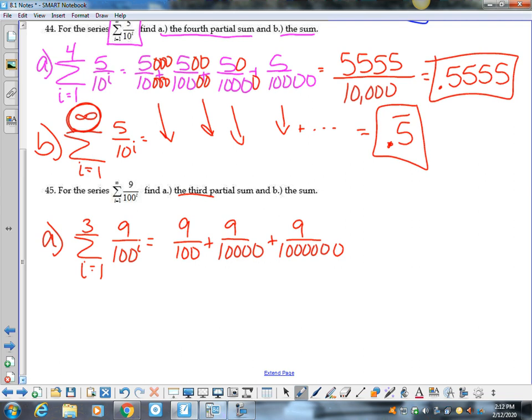So this guy is not going to be 0.999. It's going to be, that's 0.09, that's 0.0009, and that's 0.000009. So it's going to be 0.090909.